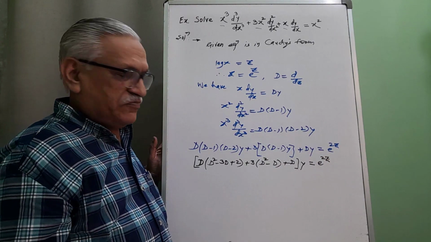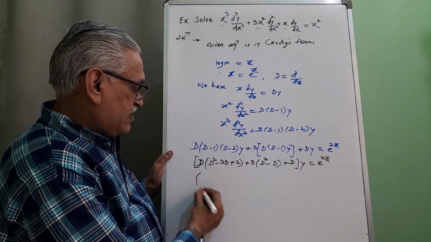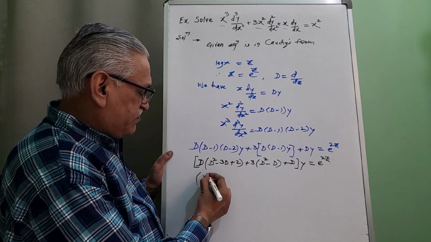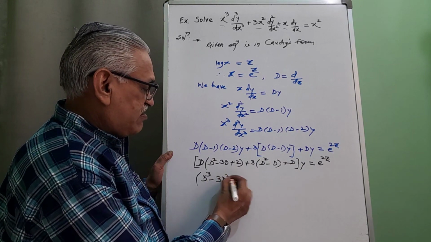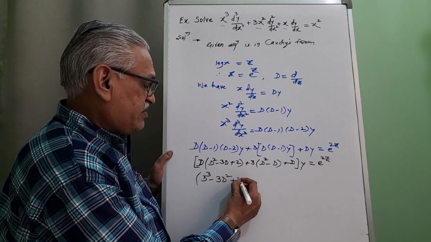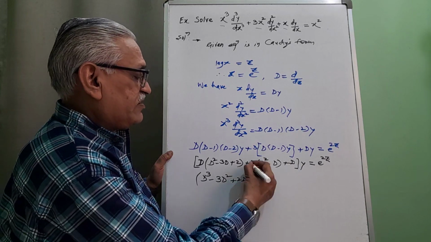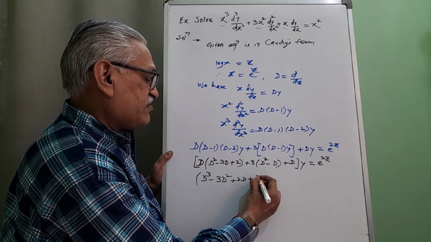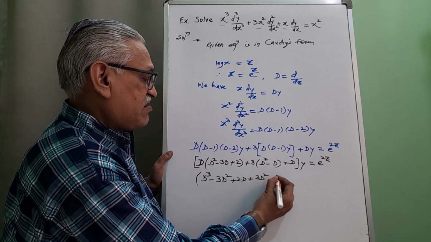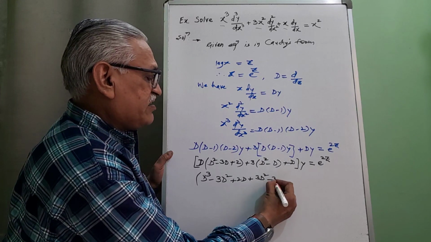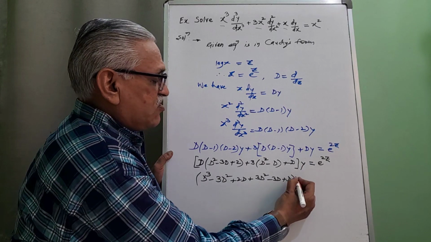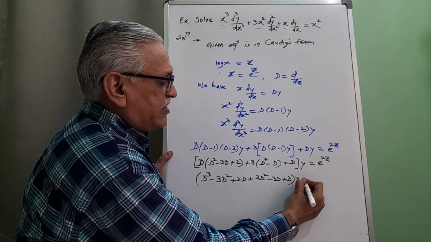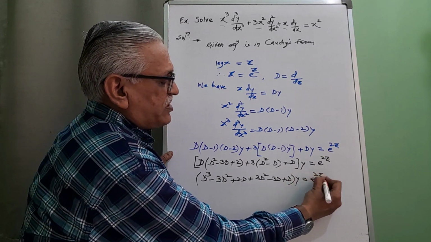Simplifying it further, we get D cube minus 3D square plus 2D plus 3D square minus 3D plus D operated on y, and that is equal to e raised to 2z.